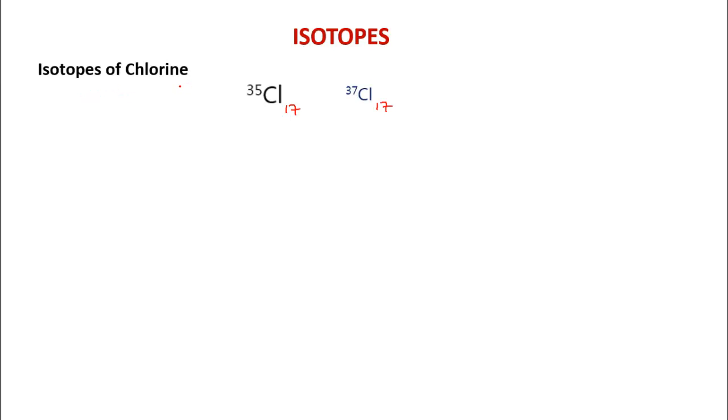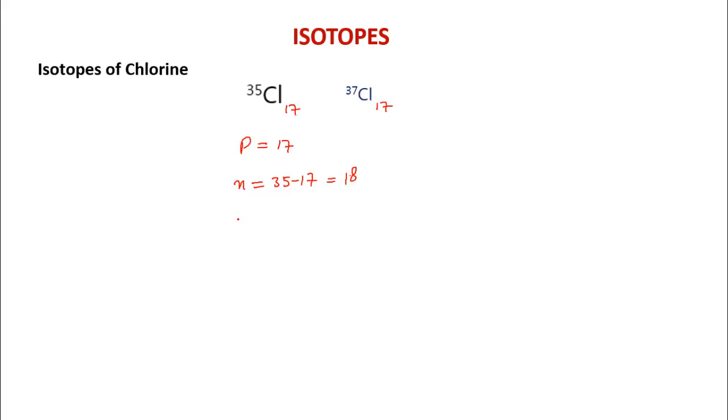Isotopes of chlorine. The two important isotopes of chlorine are chlorine 35 and chlorine 37. Chlorine has atomic number 17, therefore the number of protons is 17. Neutrons here must be 35 minus 17, which is 18.